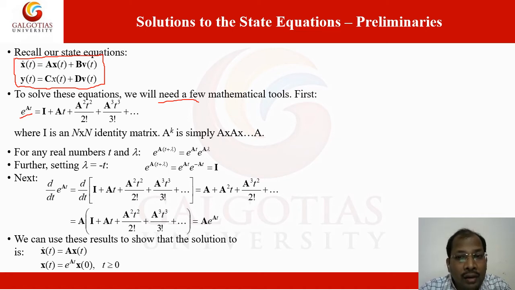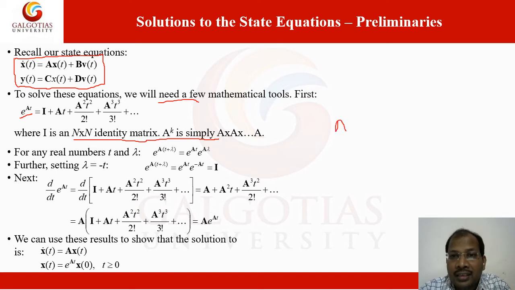So here the 1 is replaced by the identity matrix I, and we get I plus At plus A square t square by factorial 2 plus A cube t cube by factorial 3. So this is the representation. Here I is the n by n identity matrix, and A to the k is the simple A matrix.